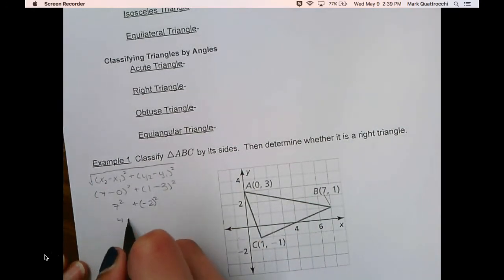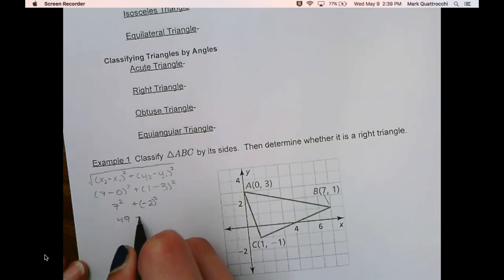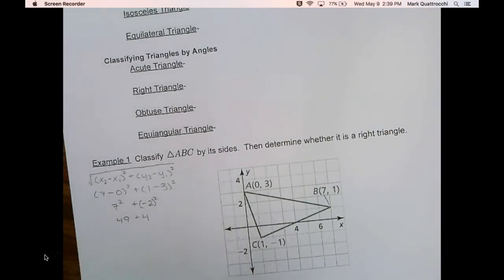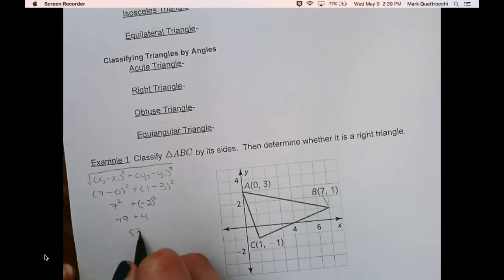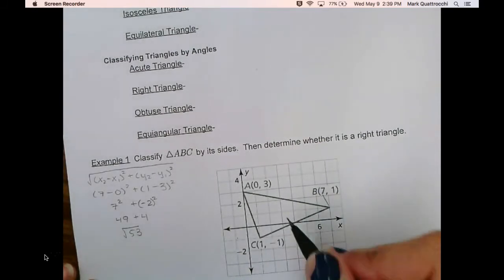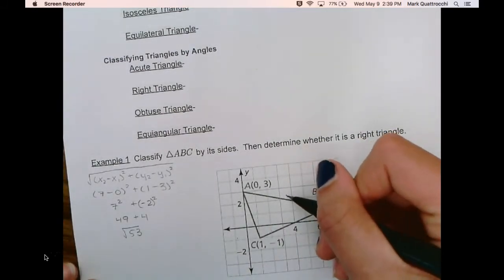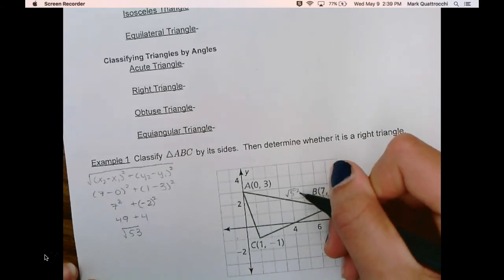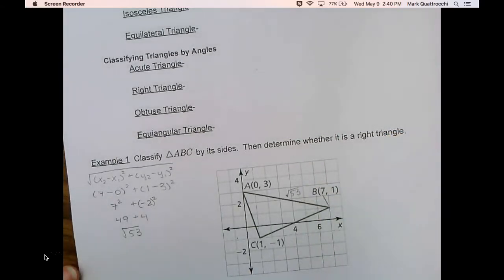And after we do this, we get 49 plus 4, which equals 53. So this equals the square root of 53. And then you do the same thing for the other two sides.